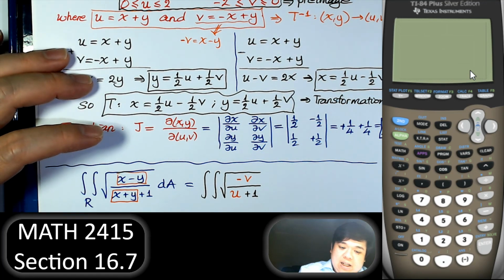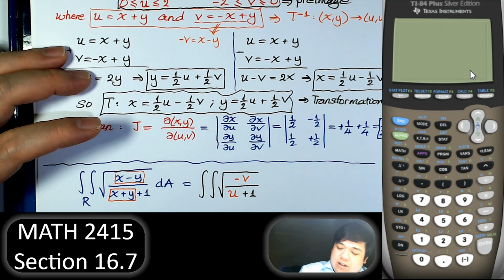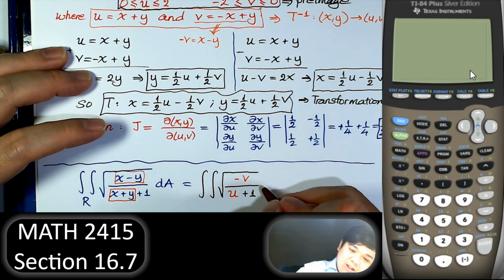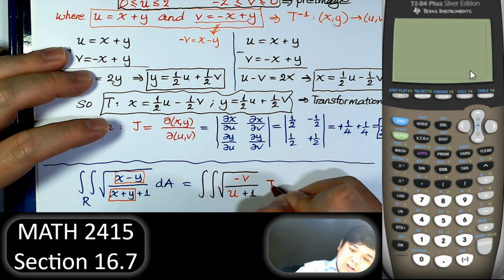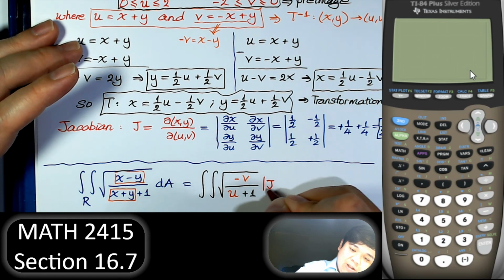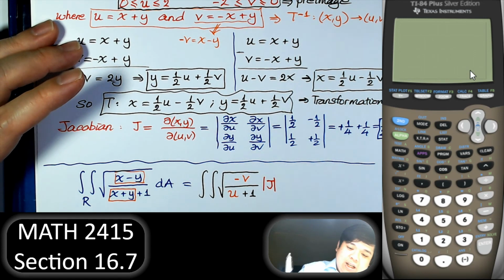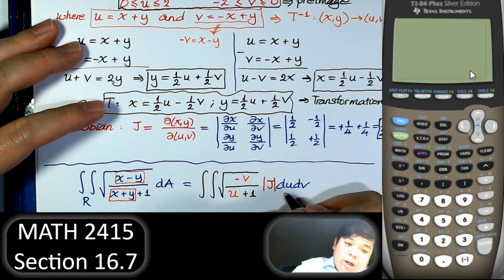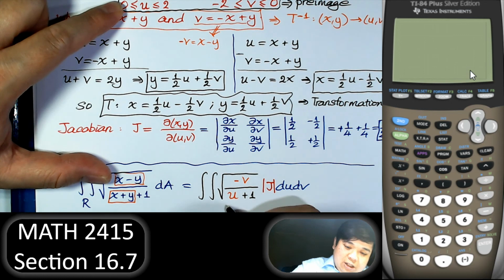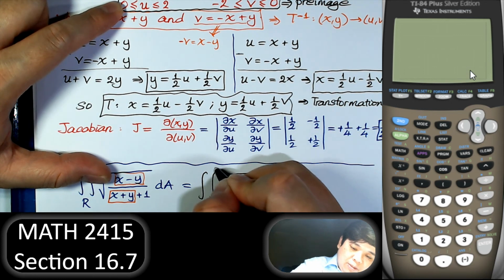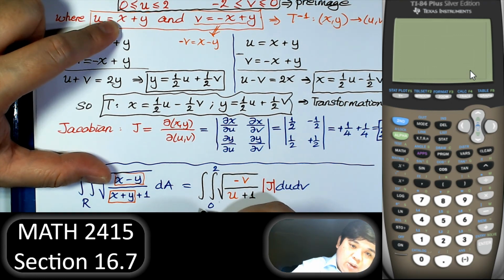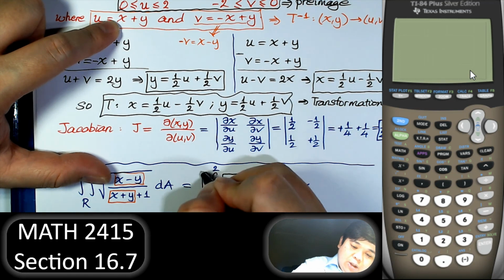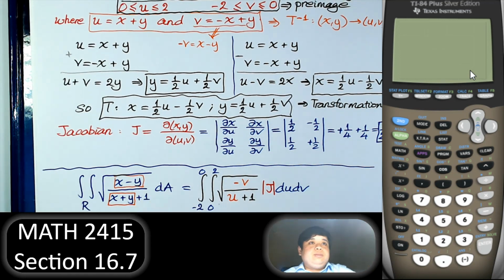And then dA is going to be the absolute value of the Jacobian, and then du dv. U going from 0 to 2, and v from negative 2 to 0.